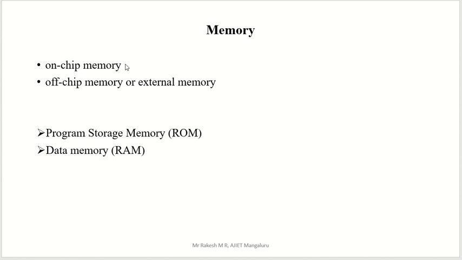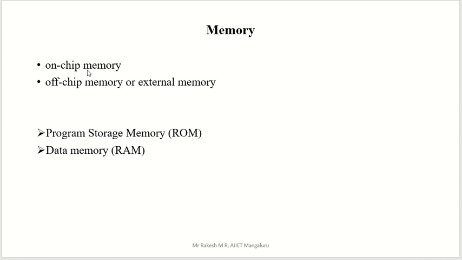Sometimes that internal memory is not enough to store programs or data. At that time we have to attach some extra memory. That extra memory we connect outside of the embedded device. That is called external memory.